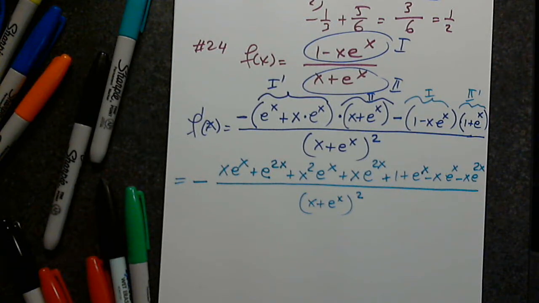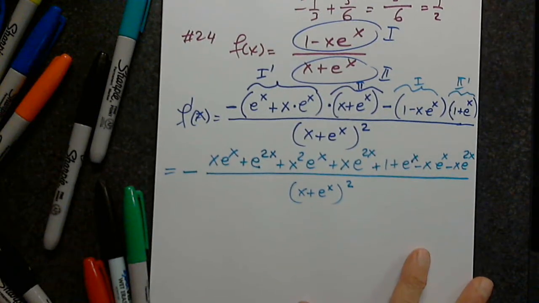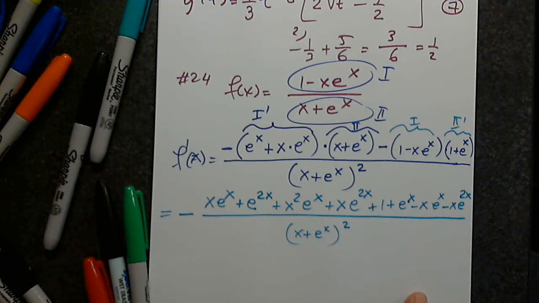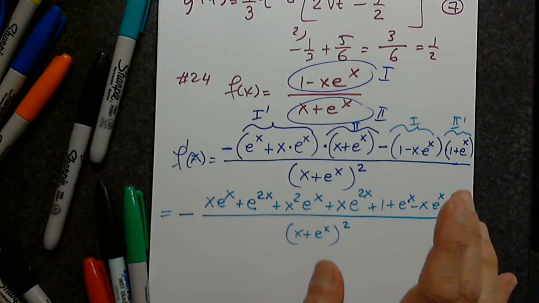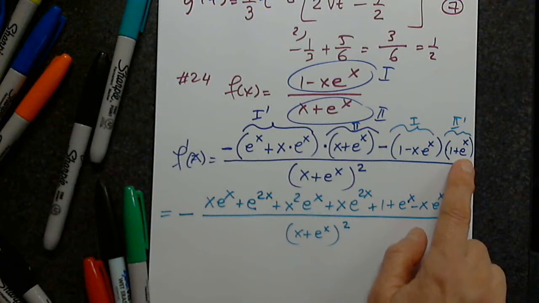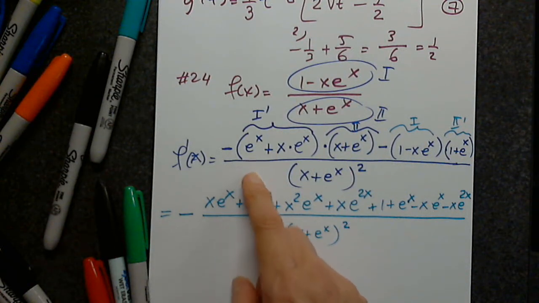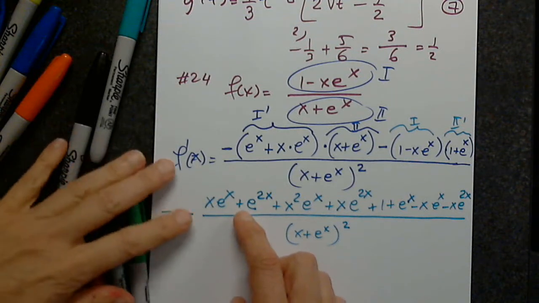Questions? Yes, Ali? When you did the first step to differentiate, why is the derivative of 1 e to the x plus x e to the x? Why is that a plus?